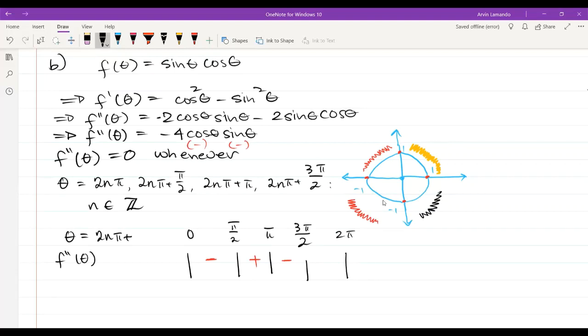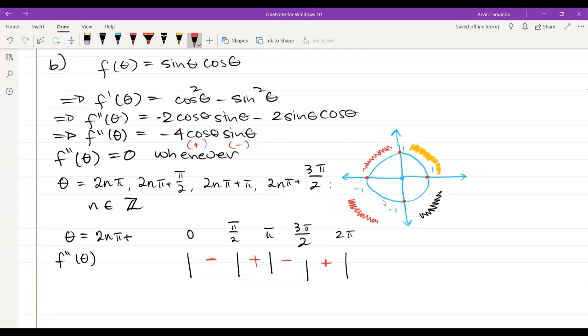The cosine function is positive in the fourth quadrant, while the sine function is negative. So f double prime of theta should be positive in this quadrant.